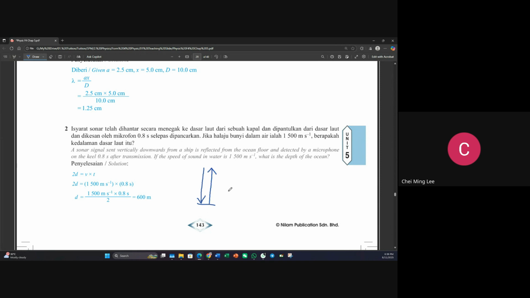Correct? So there are a total of how many D here? 2. Correct? So 2D is equal to v times t. So 1500 times 0.8 divided by 2. So you get 600 meters. You have to divide because it's a back and forth motion. Okay.